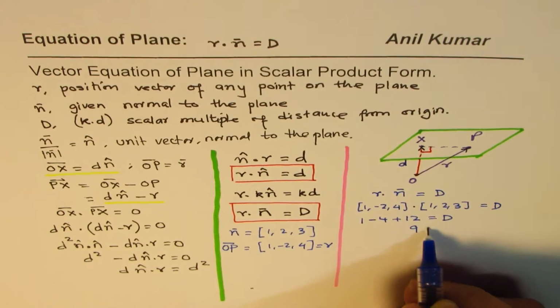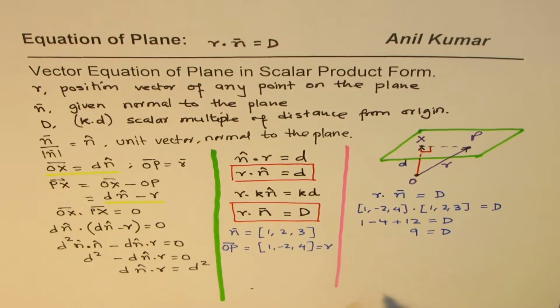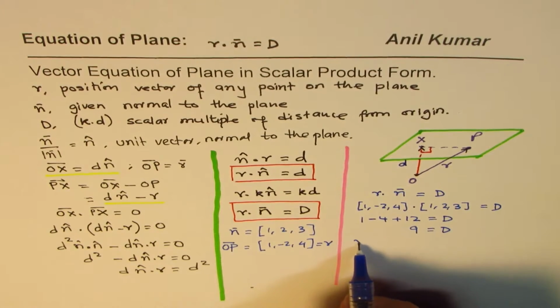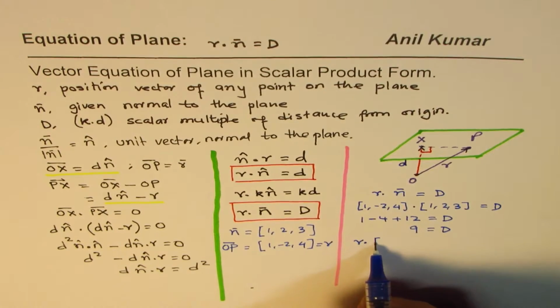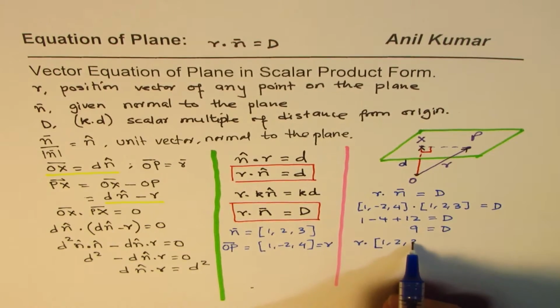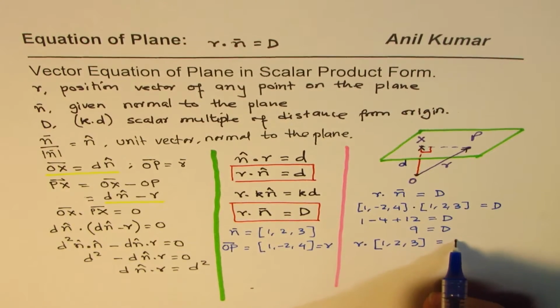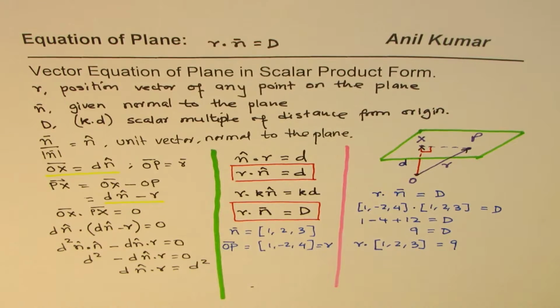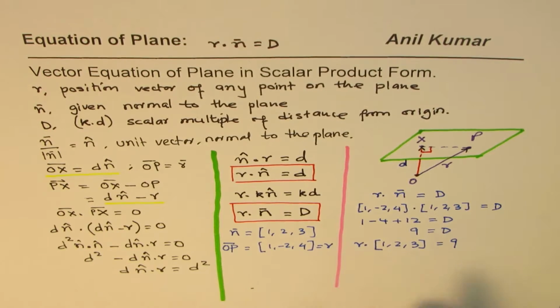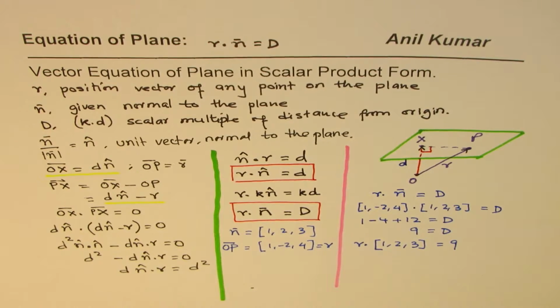So that gives us the value of D as 9. Now we can write the equation of the plane as R dot the normal vector given to us, 1, 2, 3, equals 9. Do you get an idea? So R dot 1, 2, 3 equals 9 becomes the equation of the plane. That is how you can get the equation of the plane.